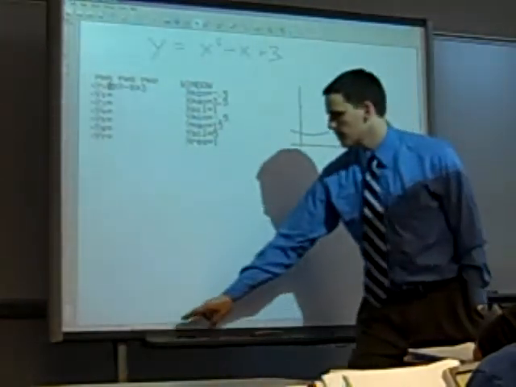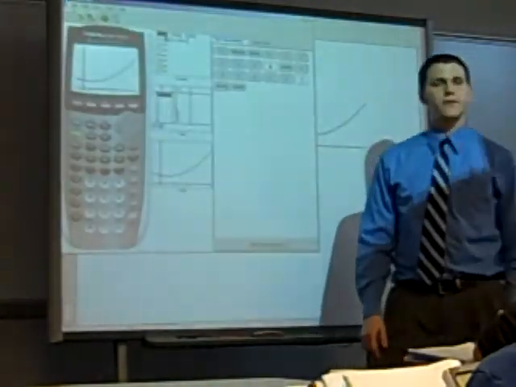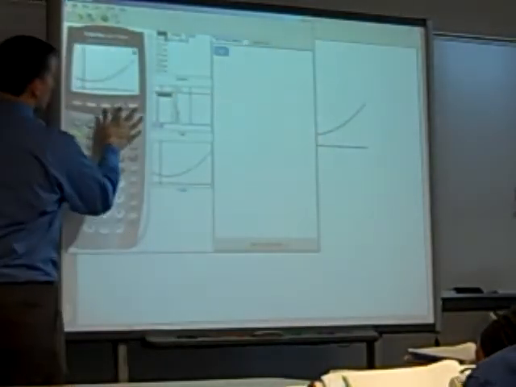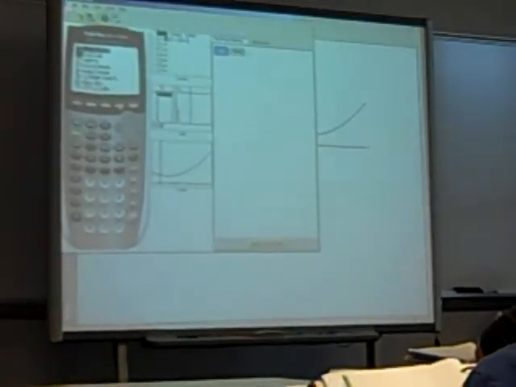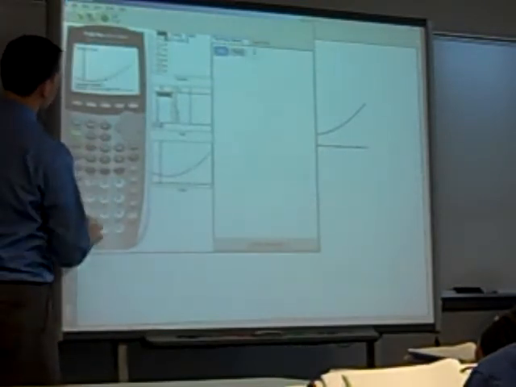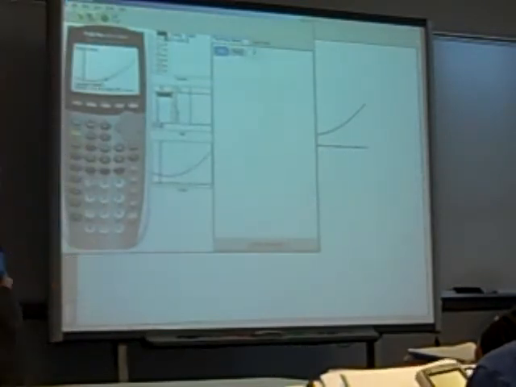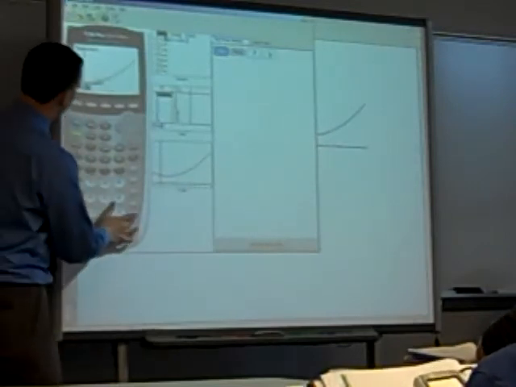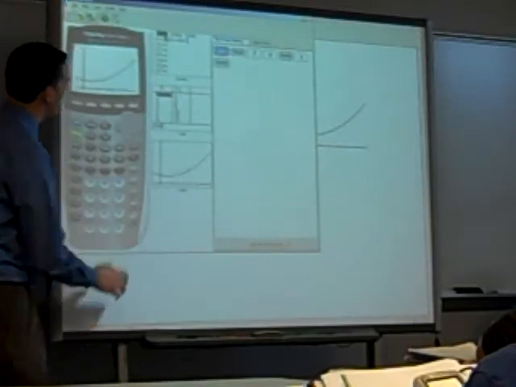Once you have the graph, what we're going to do is we hit second calc. And then what number do you think is going to be helpful? 7. That's the integral option. The lower limit, so we're trying to find the area from 0 to 3. So you hit 0, the upper limit is 3, hit enter.